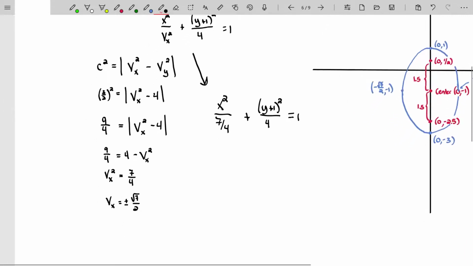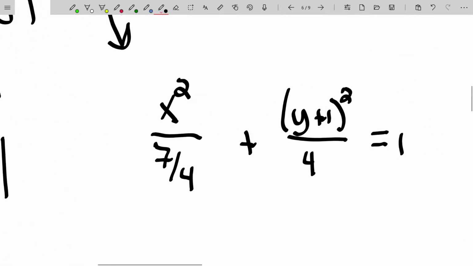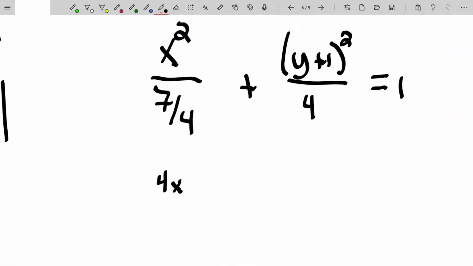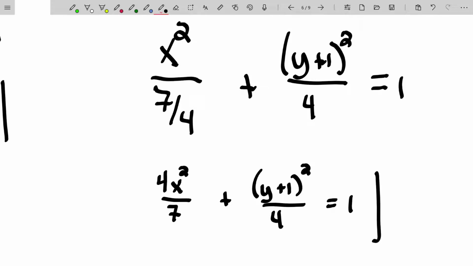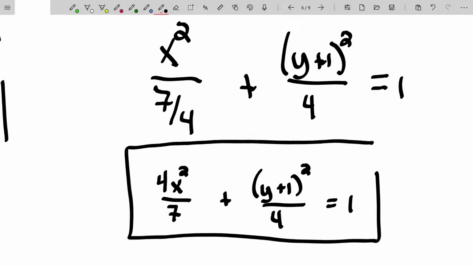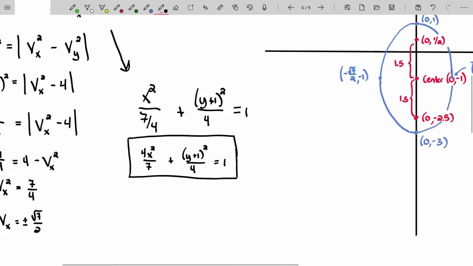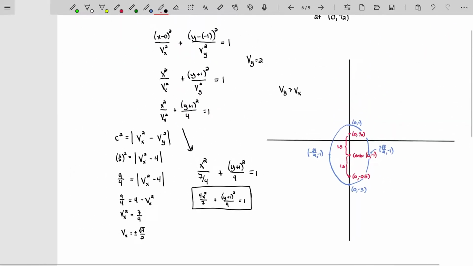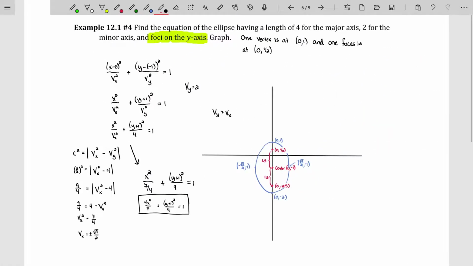You should rewrite that first fraction as 4x squared over 7 using your arithmetic there, plus y plus 1 quantity squared over 4 is equal to 1. That is the full equation of that ellipse. And again, if they had asked me to graph, which I think they did, then that's the graph of that ellipse as well. All right, done with this example.